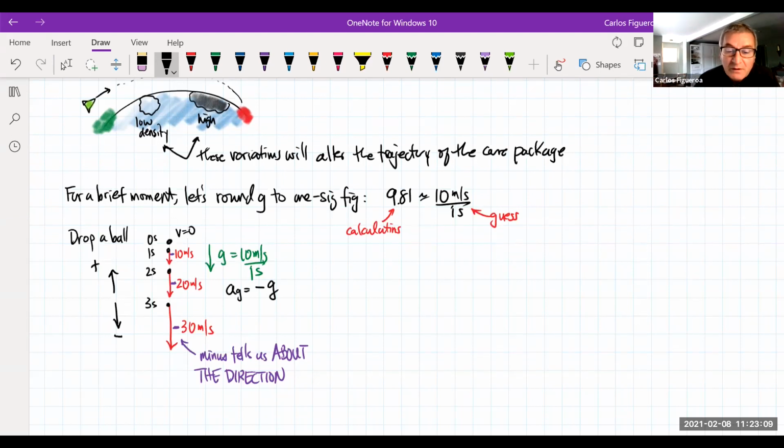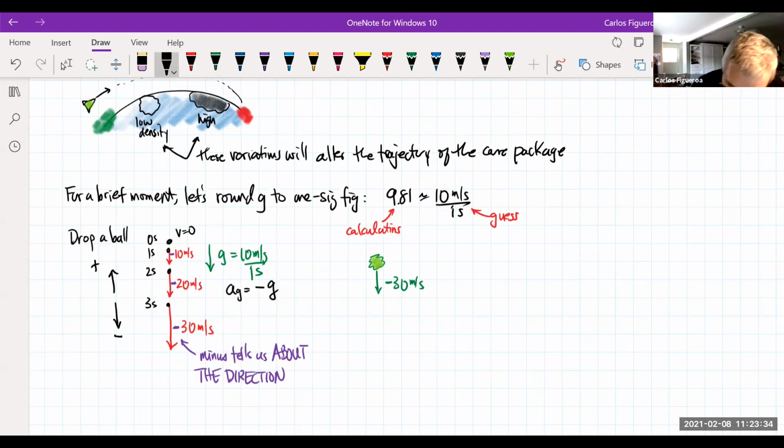What happens if I do something slightly different? Let's say that I take a glob of something. Here's my glob. And now I'm going to throw this at 30 meters a second. Maybe it's negative 30 meters a second. What's going to happen?